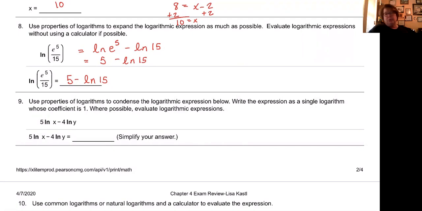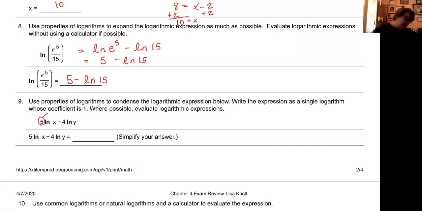Okay, so I got two rules that I'm going to be using here. The first one is the power rule. So I have outside my first logarithm the number 5, so 5 is a factor. So I can take that 5 into the logarithm as an exponent. That's the power rule.